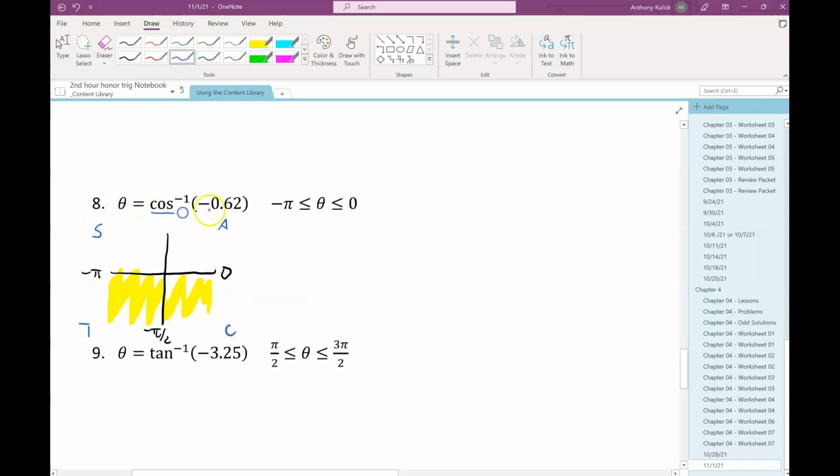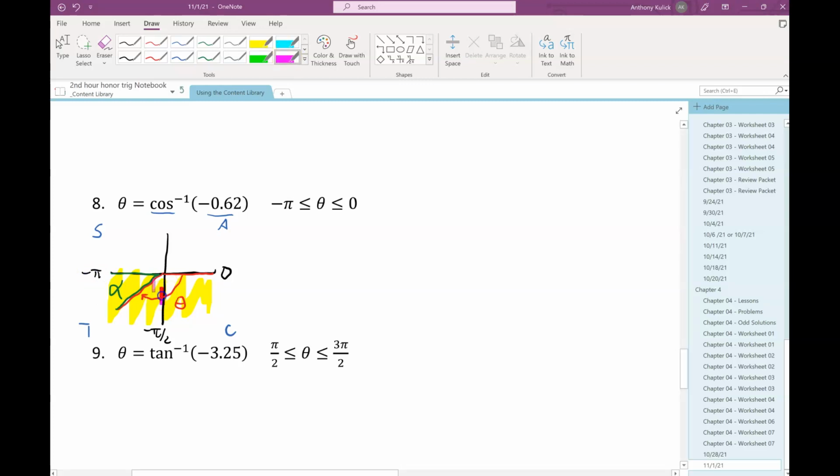I'll observe that cosine is negative only in quadrant 3, between 3 and 4. So there's my angle theta. So the alpha that we're going to draw in this case is here.